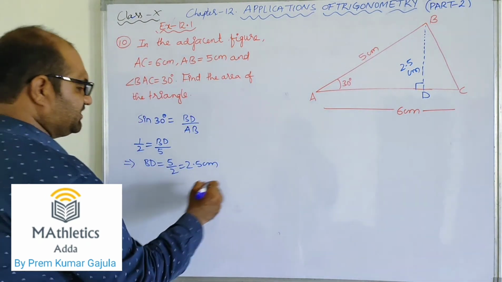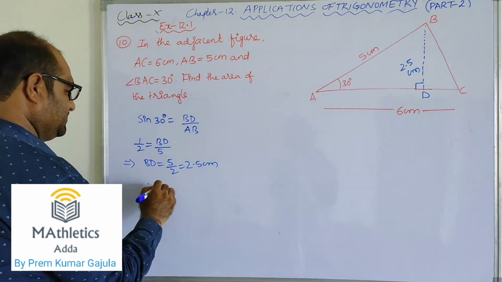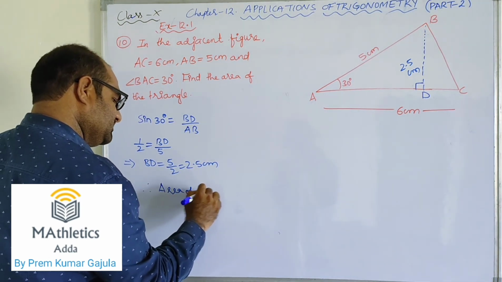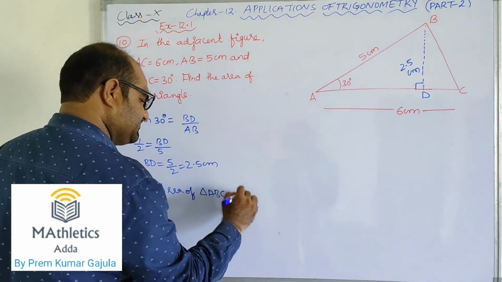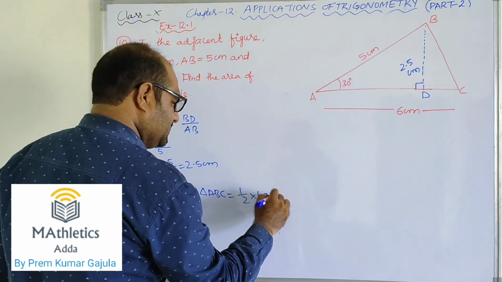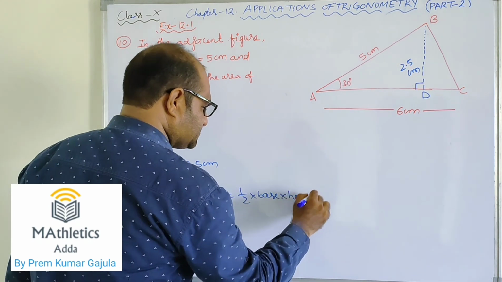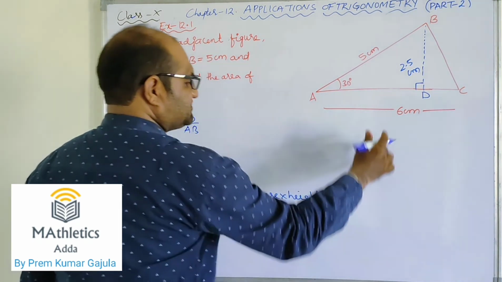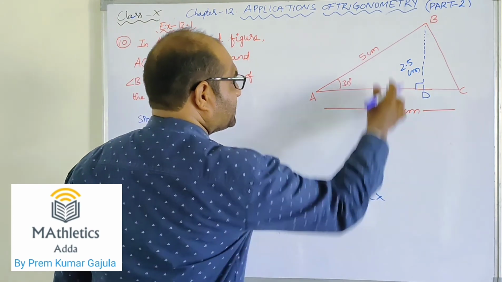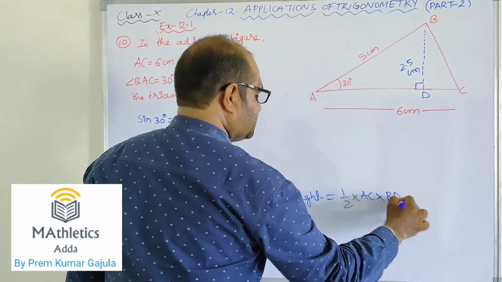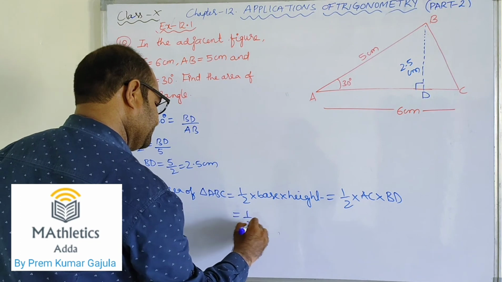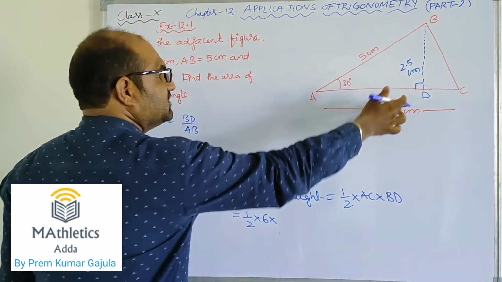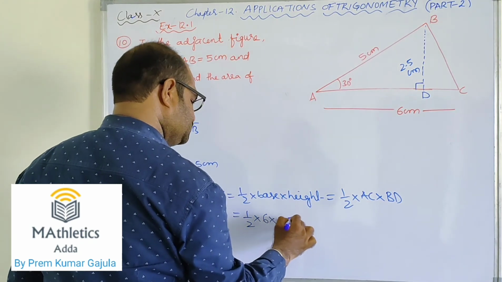Now directly we can apply the formula of the area of the triangle. Area of triangle ABC is equal to half into base into height, that is equal to half into, what is the base? AC, into what is the height? BD. That is equal to half into AC value is given as 6 into BD value we have found as 2.5.